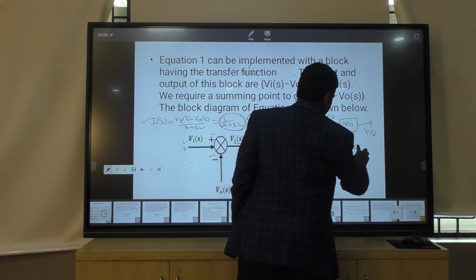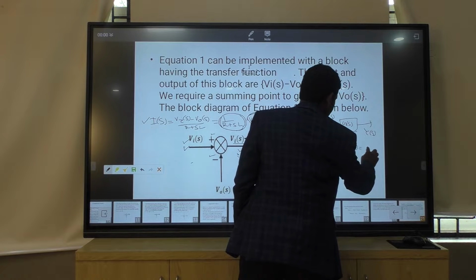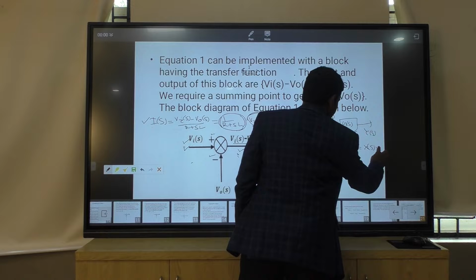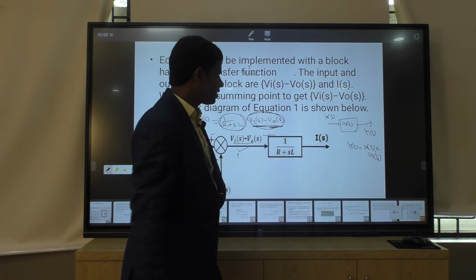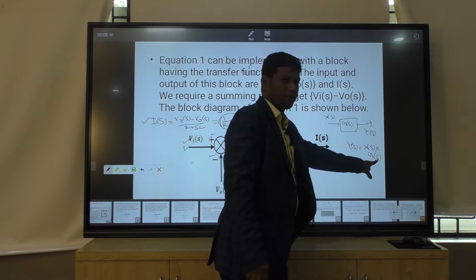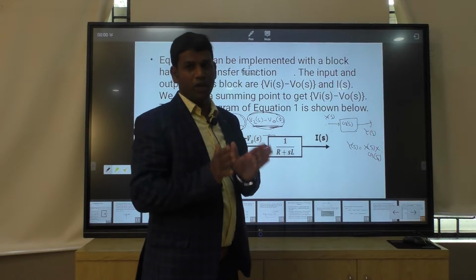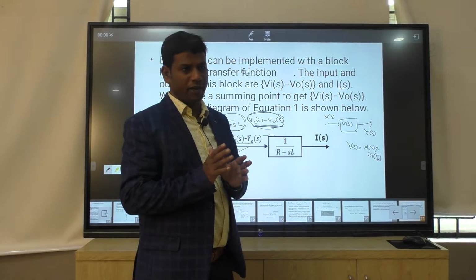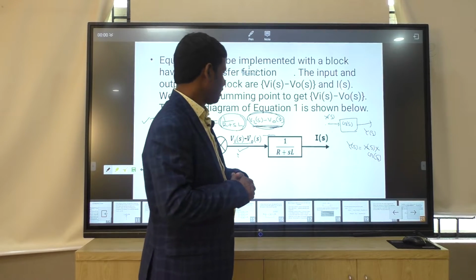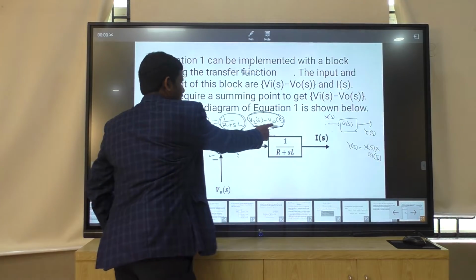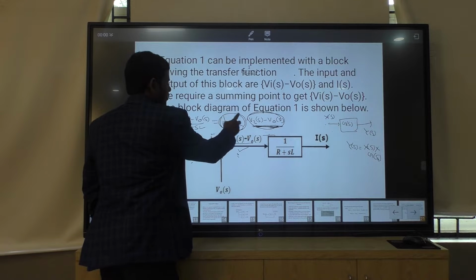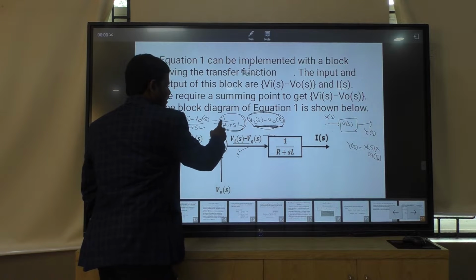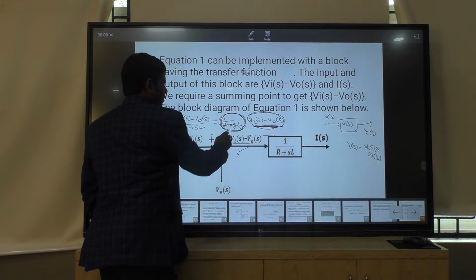YS is equal to, always remember, the input signal into the block transfer function value. Input signal multiplied by the transfer function value is equal to the output signal. Similarly here, the signal VIS minus V naught S is multiplied by the transfer function value 1 by R plus SL.